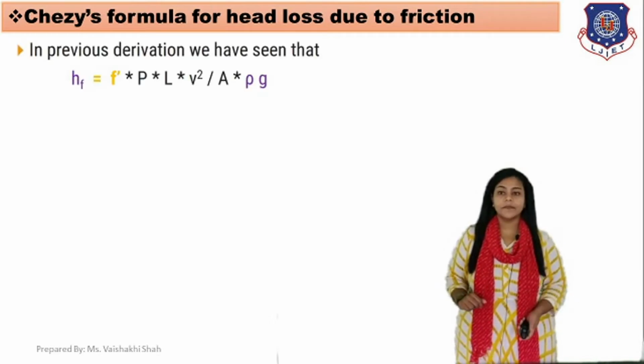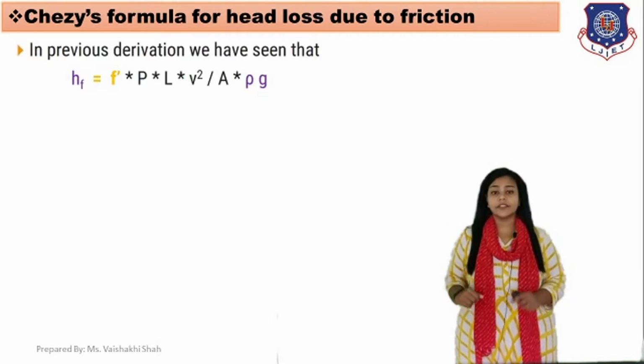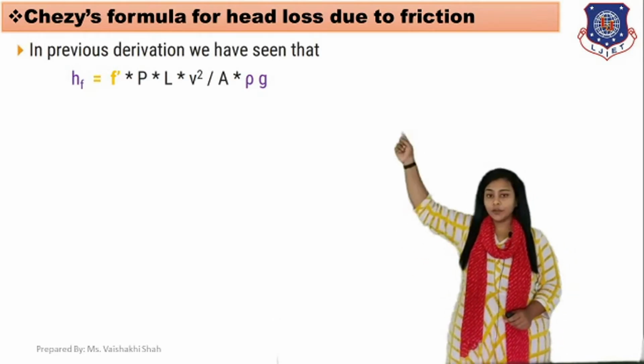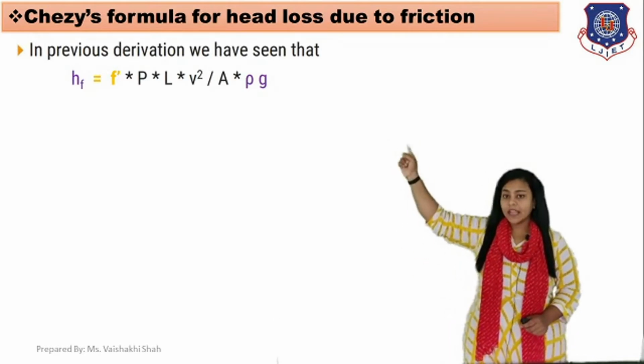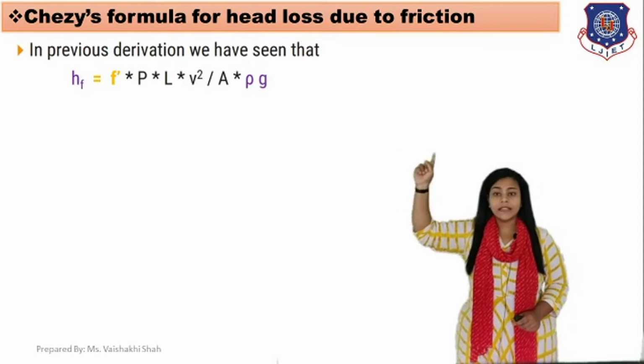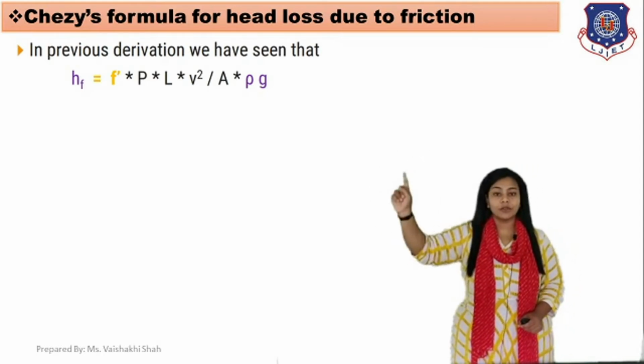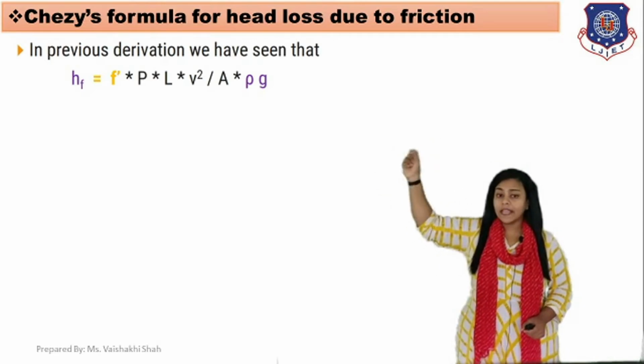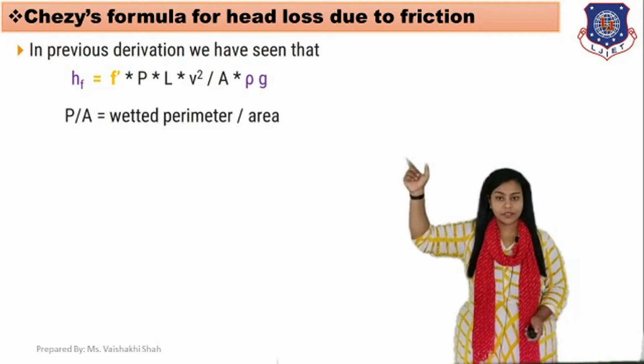Okay, so let's see. In the previous derivation we have seen that hf equals f dash into P into L into V square divided by A into rho into g. We derived this step in the Darcy-Weisbach equation.